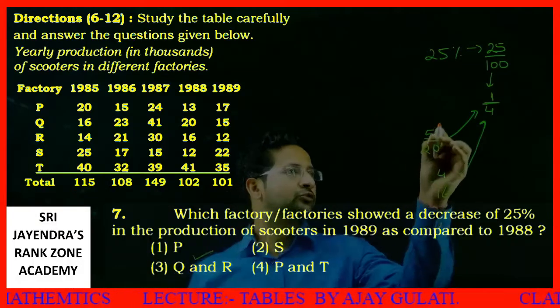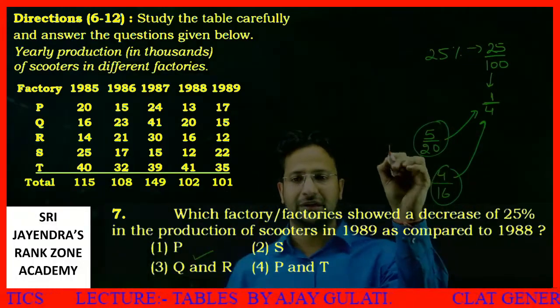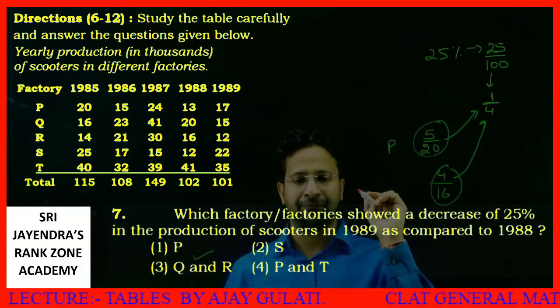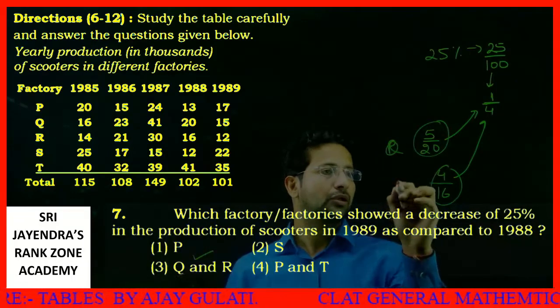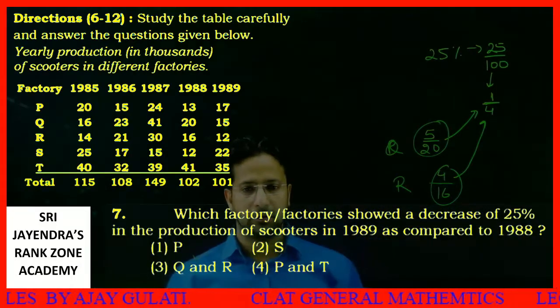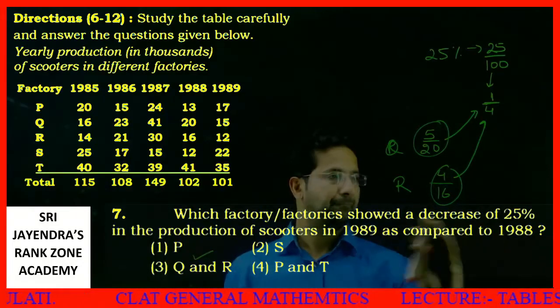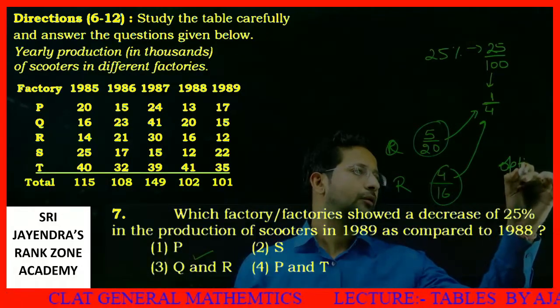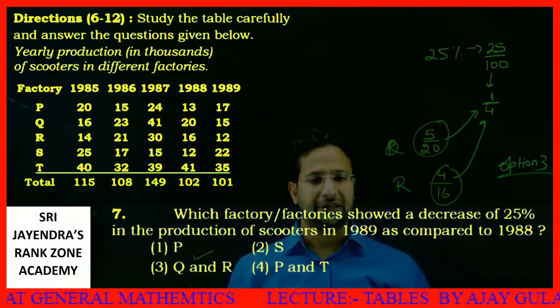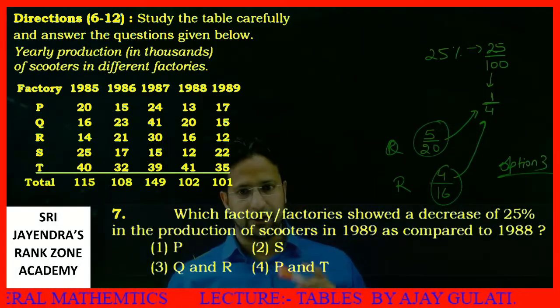Okay, so we have 2 factories. Which are the 2? The two companies are Q and R. Option number 3 is our answer. I hope it is clear.